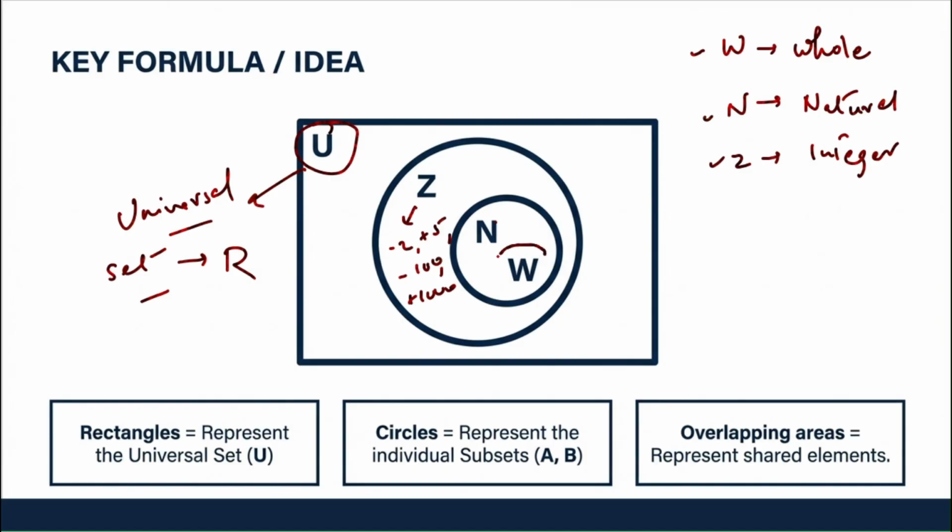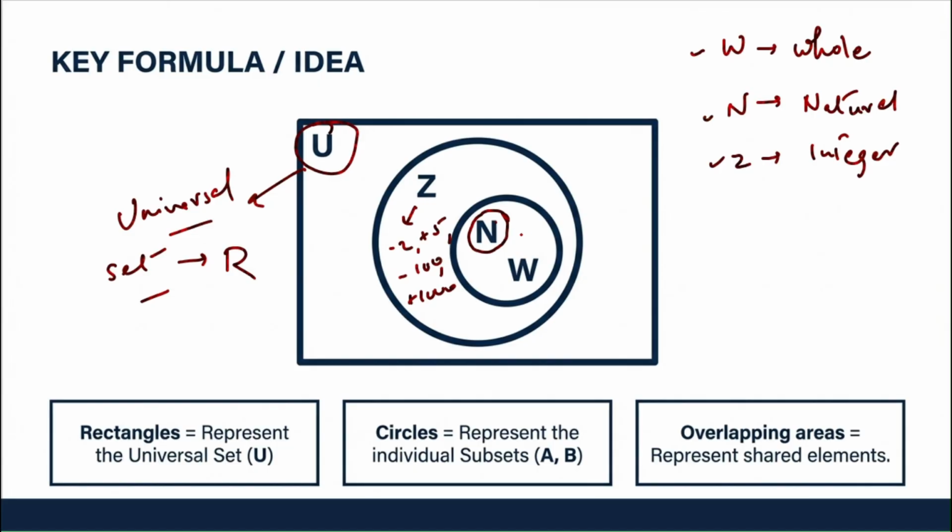This whole number is actually again a subset of the natural number. It was not represented here. So what is the difference? Okay, sorry, I made a mistake here. This natural number is actually a subset of the whole number. The reason is that 0 is also considered as part of this whole number. But in natural numbers, we don't have 0.